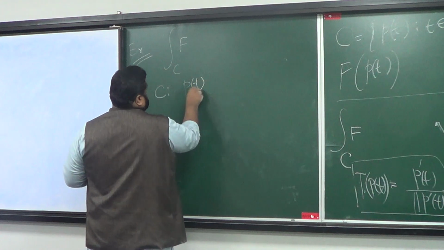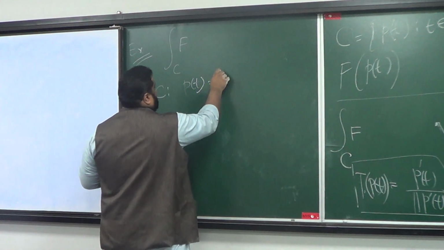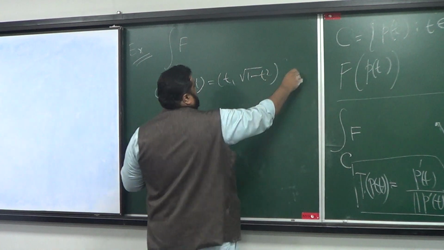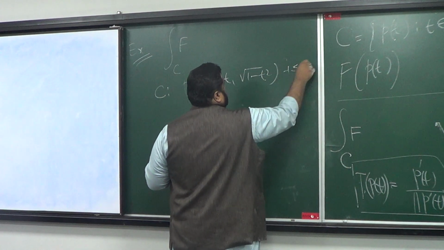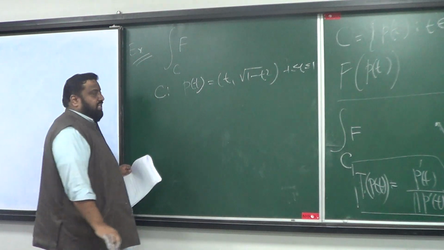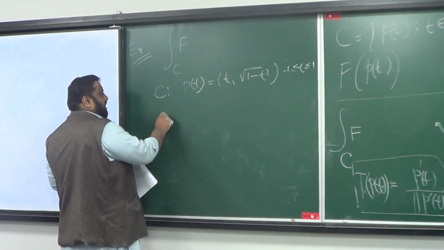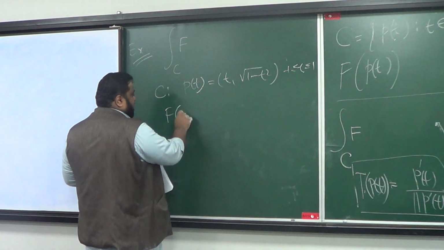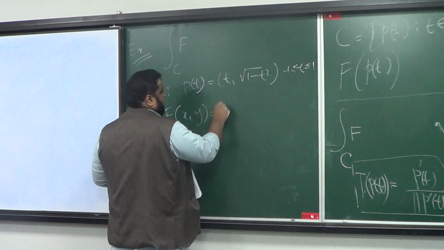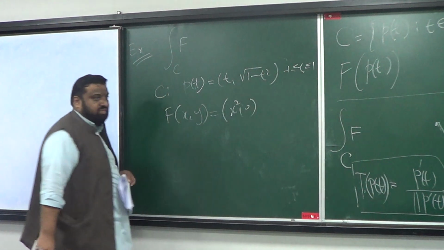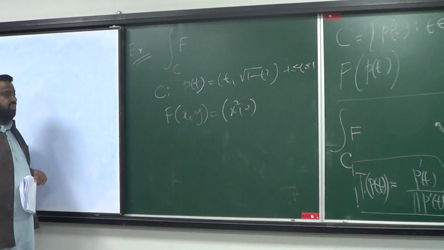Okay, so it's P of t equals t, square root of 1 minus t square, where the t sits between minus 1 and 1. Okay, that's the curve. I need to integrate a vector field over this curve. And the vector field is defined as a two-dimensional vector field. So f of x, y is say x square and z. Okay.